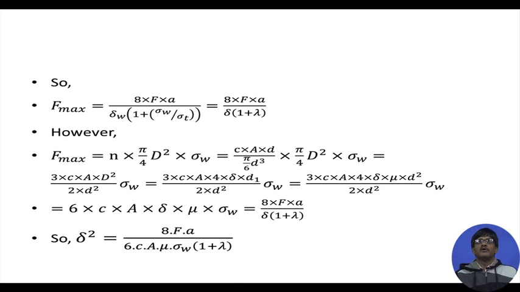So, concentration multiplied by area of tool multiplied by 1 abrasive grit diameter. That means we are assuming that there is a monolayer, that means a single layer of abrasives possible under the tool surface. If that be so, the total volume under the tool, which is housing or accommodating the abrasives, is A into D, multiplied by abrasive concentration C. C into A into D must be giving you the volume of abrasives present under the tool.